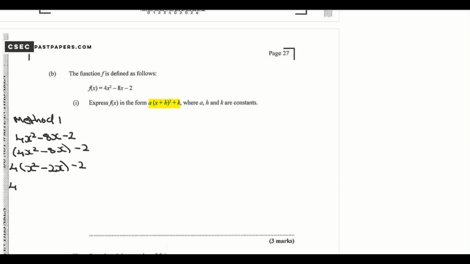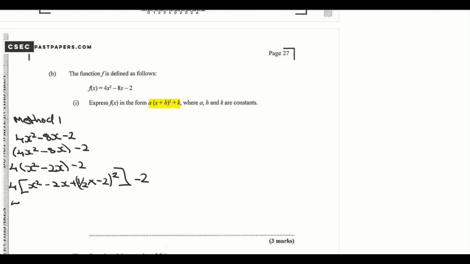So then it will be 4 open square bracket, x squared minus 2x, and you're going to add a half, let's put this in brackets, a half multiplied by the coefficient of x, which is minus 2, so it's a half multiplied by that coefficient, squared, close bracket, minus 2.